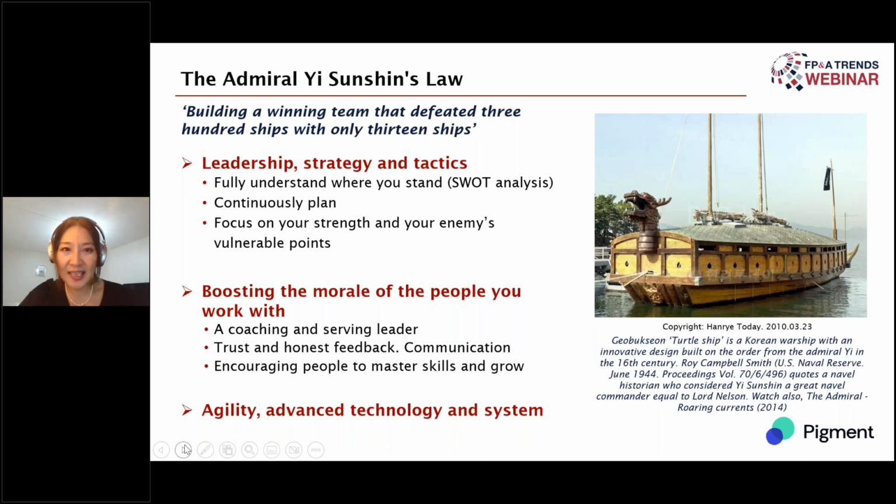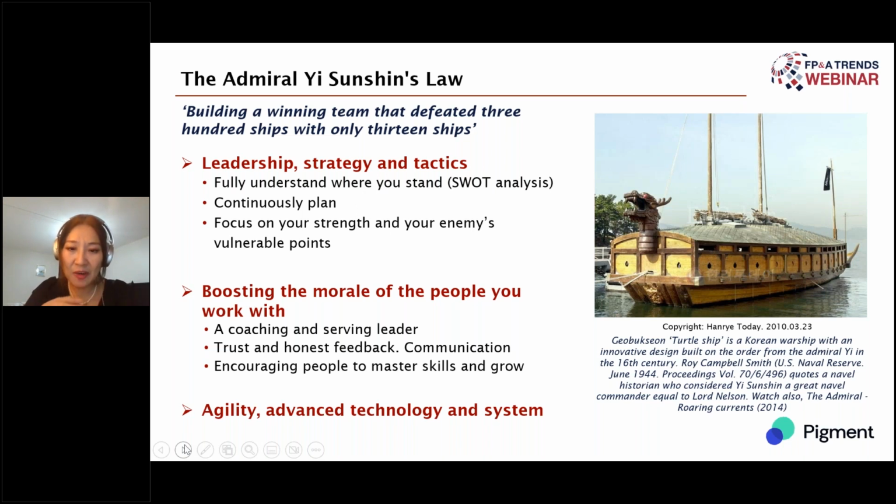He continuously did a SWOT analysis to understand what is strength, what is weakness, what is opportunities, what is threat for him, and plan tactics where and how to take the battle and secure the skill congruence of diverse people in his team. And focus on your team strength and your enemy's vulnerable points.